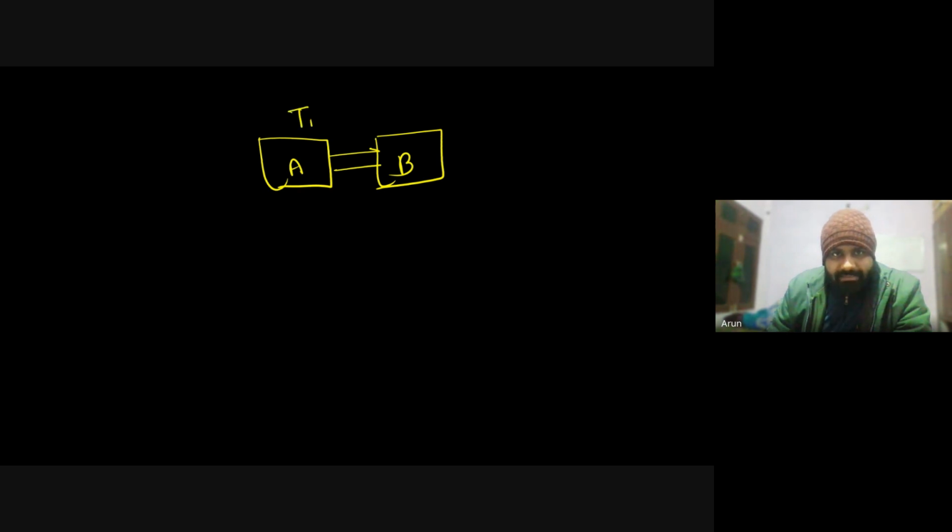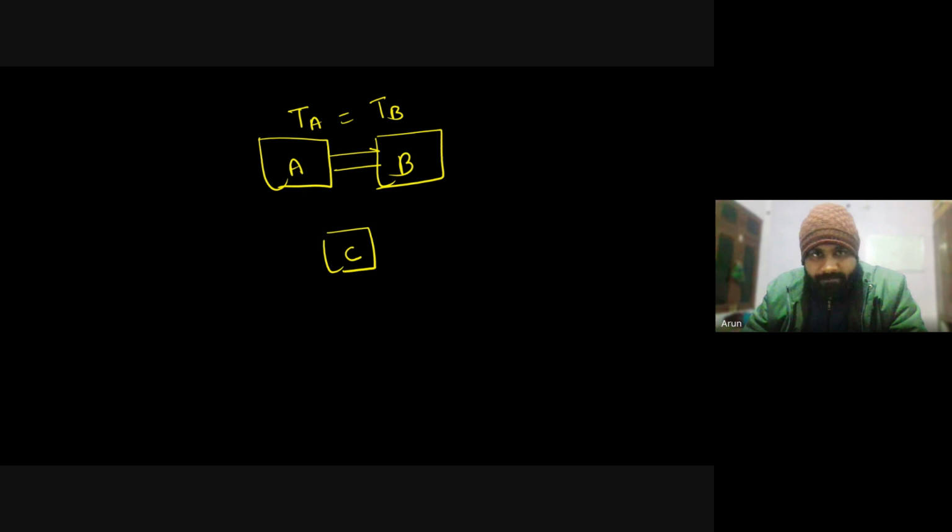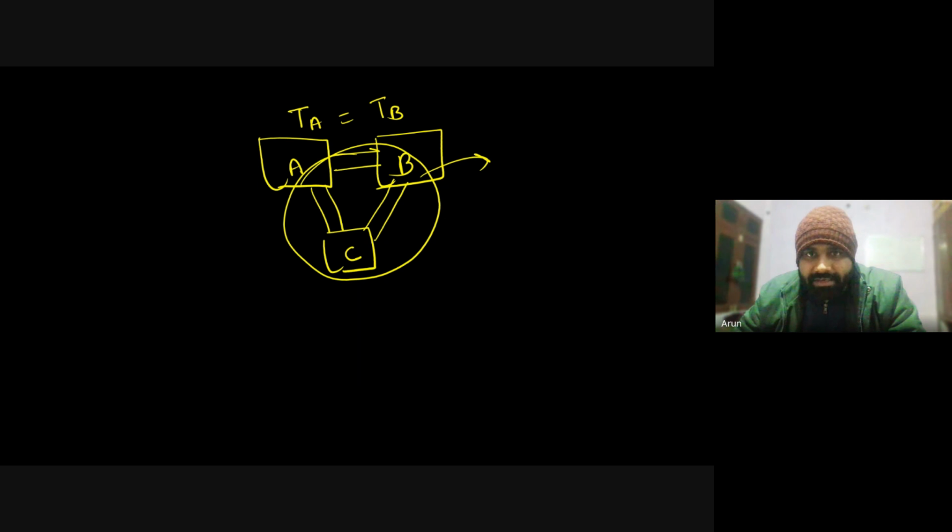So we can say that the temperature of A is equal to the temperature of B, because there will be no net heat transfer between them. Now we have another system C, which is individually in equilibrium with A and also in equilibrium with B. So we can say that these three systems are in thermal equilibrium with each other.